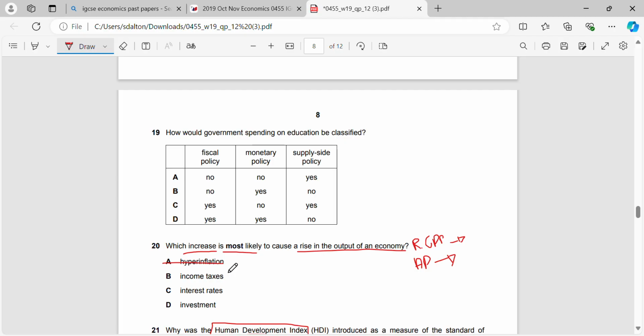We just discussed that that is a huge increase in inflation, right? So it's a very negative thing for the economy. And if you think about it, if the prices of goods and services become so much more expensive, people can't afford them, then we're not going to have an increase in our output.